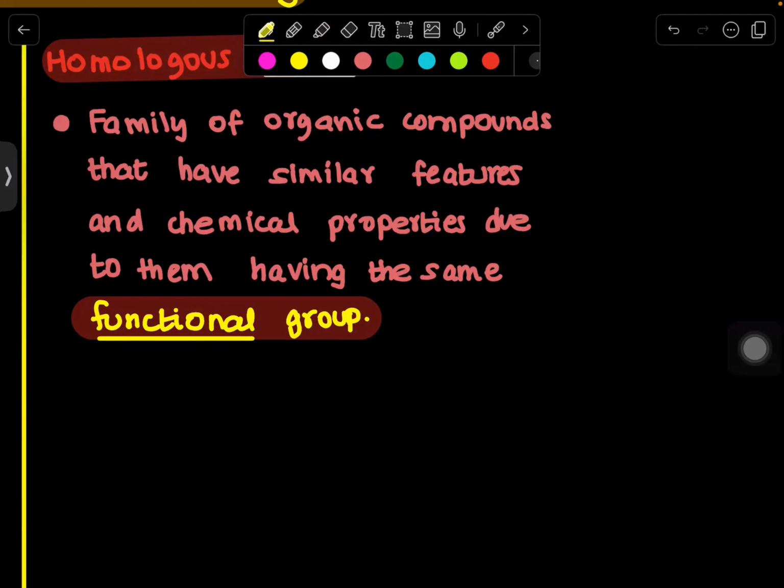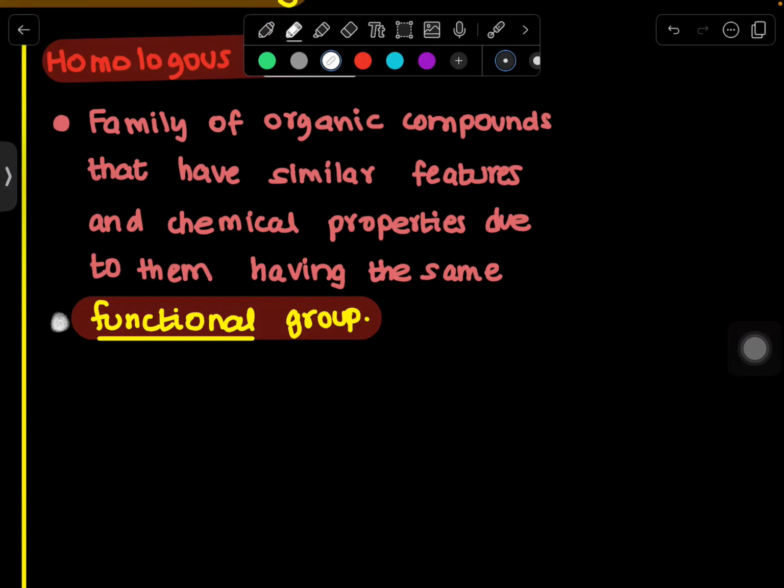The functional group can be one atom, or it can be a group of atoms, which are bonded in a specific arrangement that's responsible for the characteristic reactions or the properties of each member of a homologous series. Okay? Yes, ma'am. So the functional group is what is important to help you recognize or assign a family to a compound.